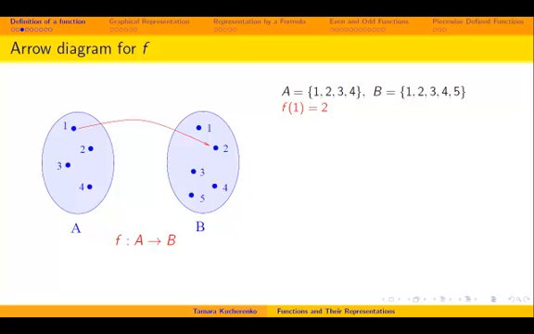Here, 1 is mapped to 2, so f of 1 equals 2. 2 is mapped to 1, so f of 2 equals 1. 3 is mapped to 2, and 4 is mapped to 5.